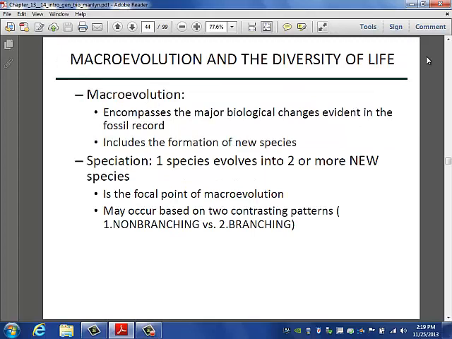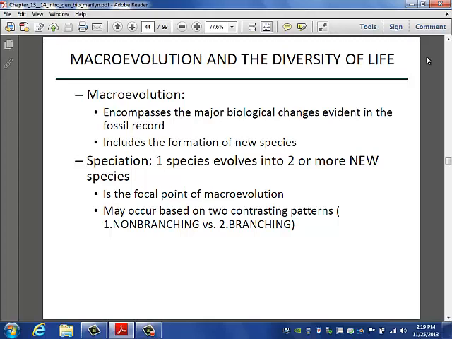Macroevolution and the diversity of life. Macroevolution encompasses the major biological changes evident in the fossil record. And again, is the fossil record complete? No. Exactly. We see the formation of new species, but again, there are a lot of missing pages to that book.